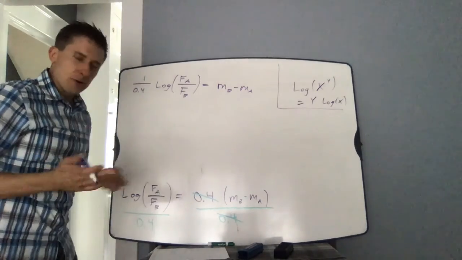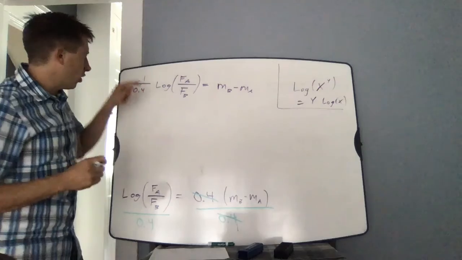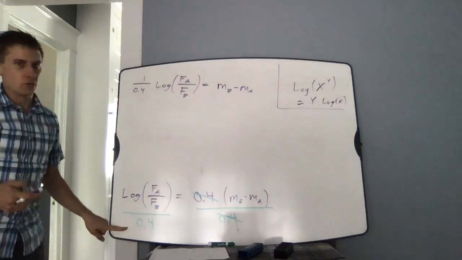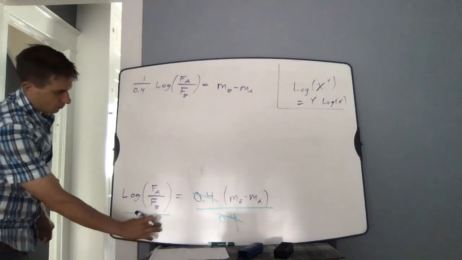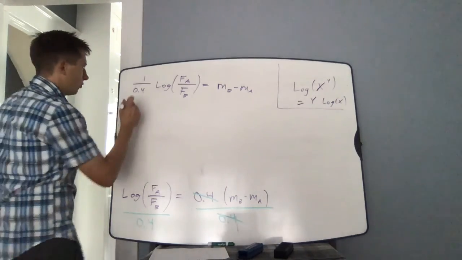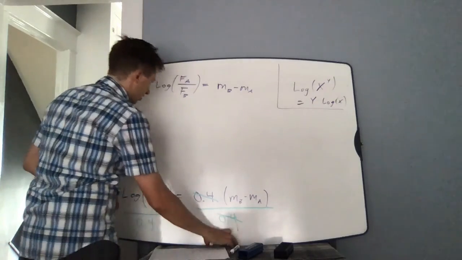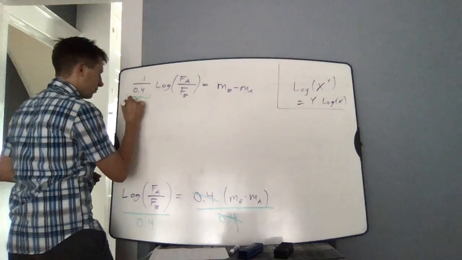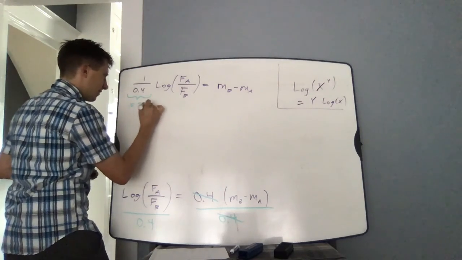And the very last step, 1 over 0.4, that's the same thing as all that over 0.4. I just brought the 0.4 out front to make it a little neater. 1 over 0.4 is equal to 2.5. So this term over here is equal to 2.5.